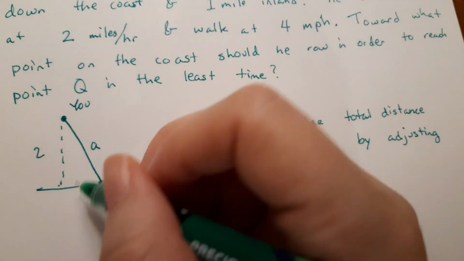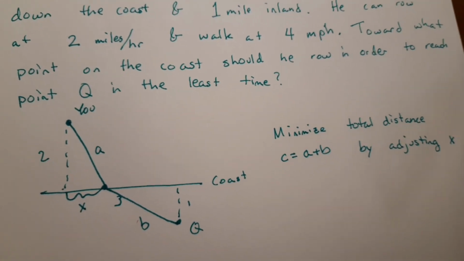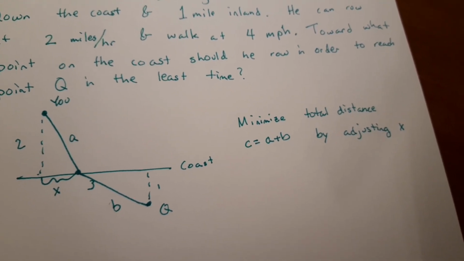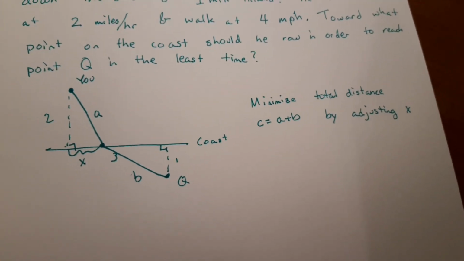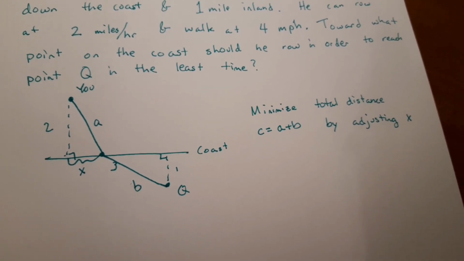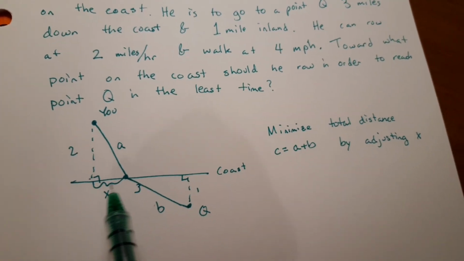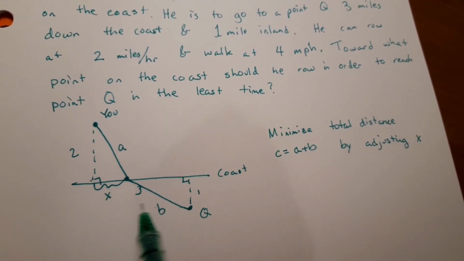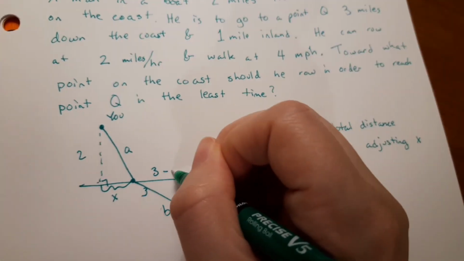Let's say this distance is X, so we're minimizing the total distance by adjusting X. Let's set this up. You get two classic right triangles, so we'll use the Pythagorean theorem. This distance is 2, this distance is 1, this distance is X, and the total distance along the coast is 3, so this distance is 3 minus X.